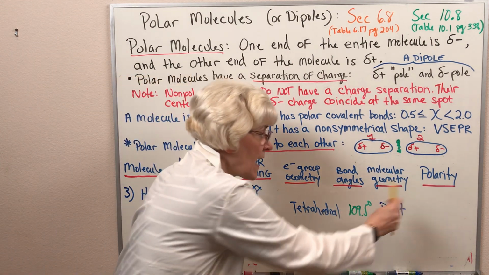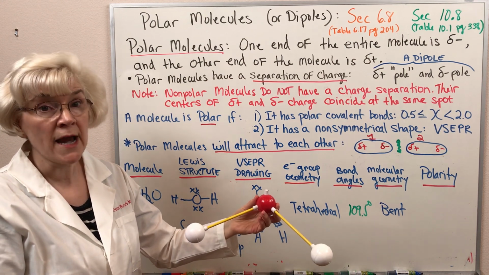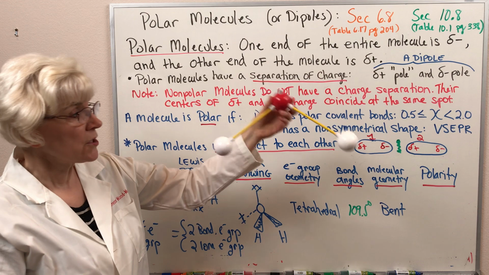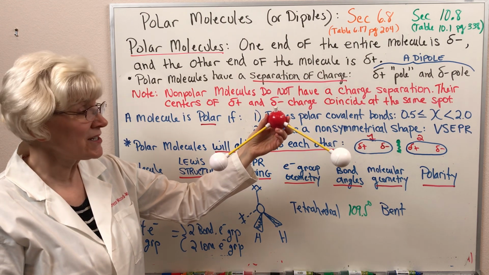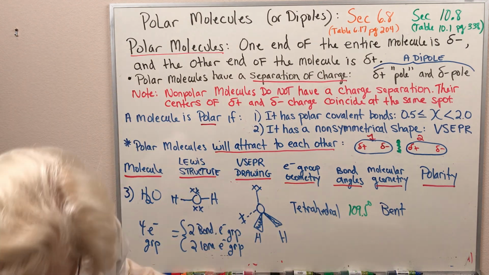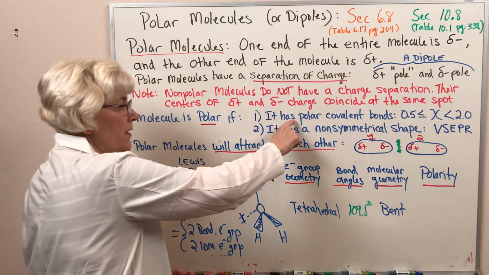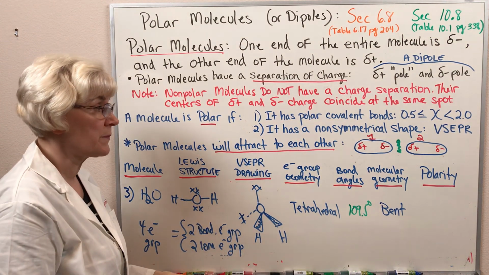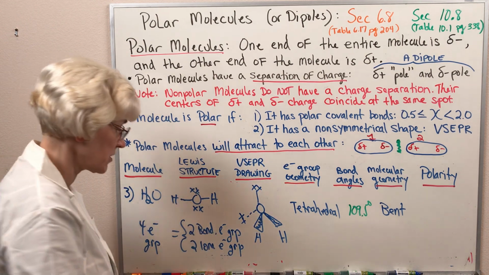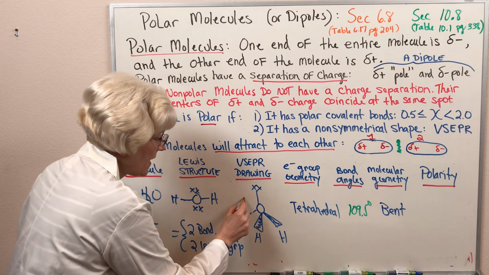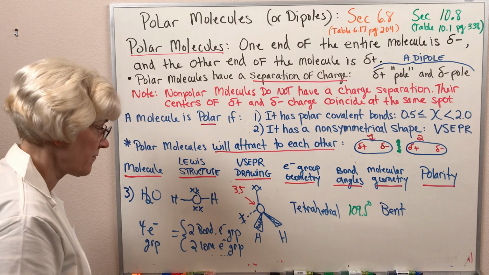All of this information now enables us to evaluate whether or not water is a polar or a nonpolar molecule. So looking at the water molecule, where is the center? Well, before I get to that, backing up, we have to consider, first of all, whether or not there are polar covalent bonds present in the water molecule. That is always the first thing we have to look at. So looking at the oxygen atom, it has an electronegativity of 3.5.